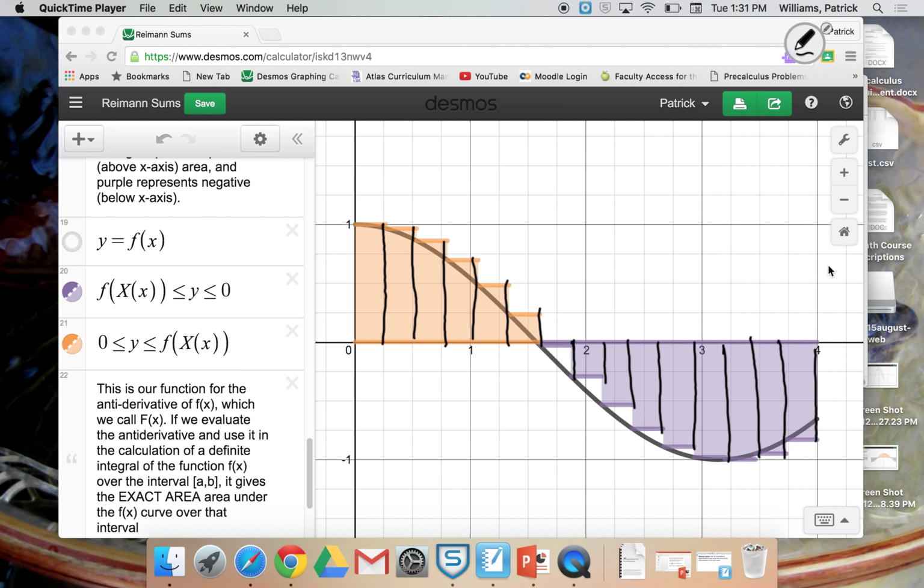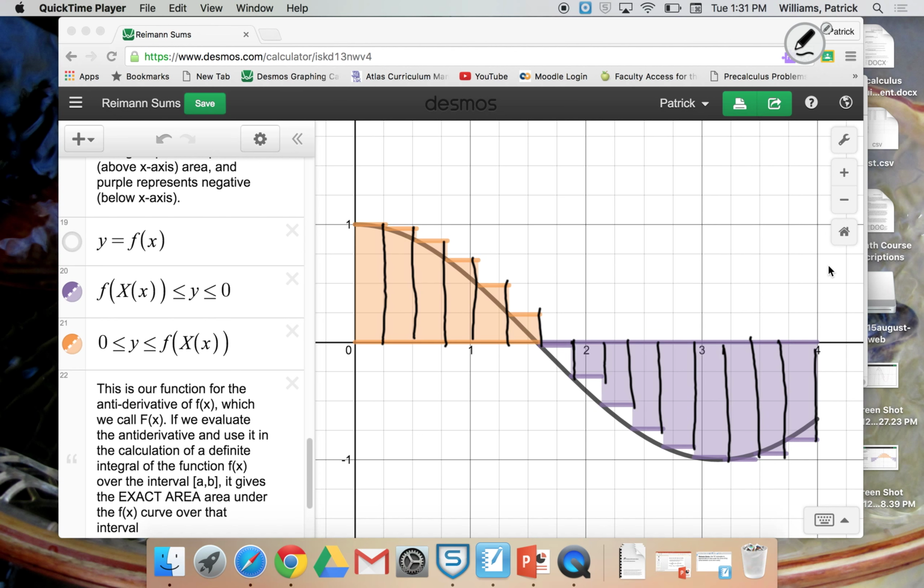So there are 3 types of Riemann sums. There are left Riemann sums, right Riemann sums, and midpoint Riemann sums. This particular Riemann sum we have here is a left Riemann sum. So pause the video real quick and see if you can figure out why this might be called a left Riemann sum. All right, do you have an answer? Well, the reason is that when we calculate the areas of our rectangles, the height of our rectangle is always dictated by the leftmost point at which that rectangle hits our particular curve.